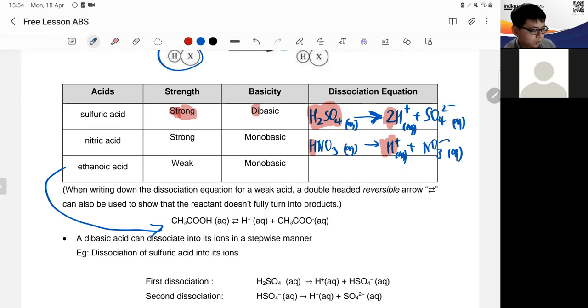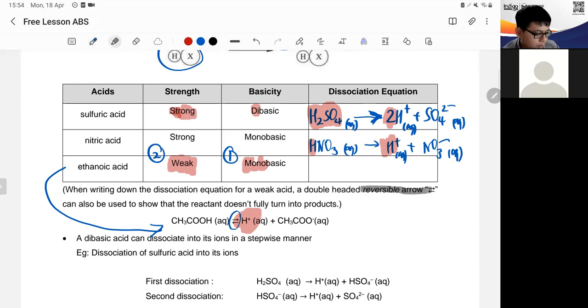Number one, if I say it's monobasic, I should expect one H plus to appear, because that one H plus will then react with one OH. That's how it works. Number two is that it's weak. The weak refers to this reversible arrow.